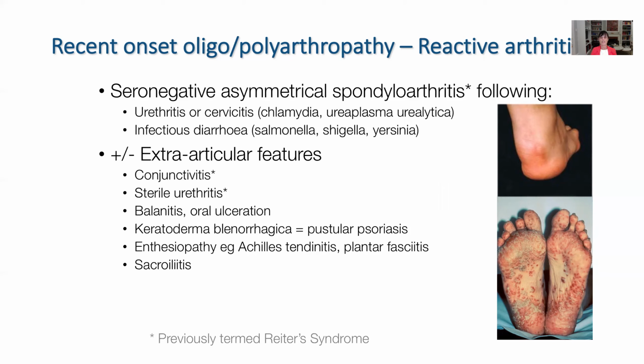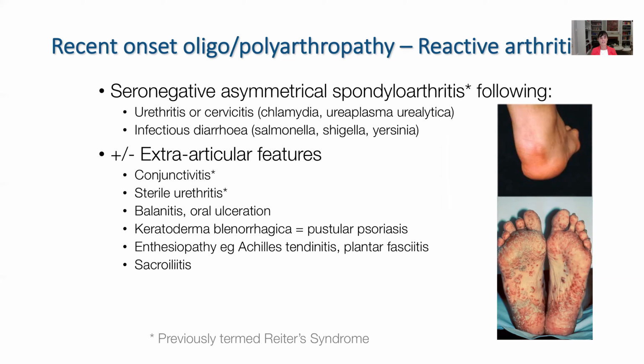The extra-articular features in this condition are much more prevalent perhaps than in some of the other spondyloarthritides. The arthritis combined with conjunctivitis and sterile urethritis, so this may occur even without the sexually transmitted infection, is the so-called triad that used to be referred to as Reiter's syndrome and is very characteristic of reactive arthritis.